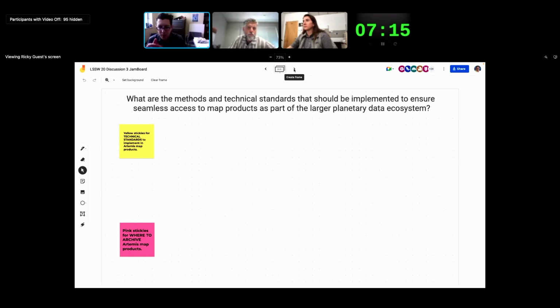What are the methods and technical standards that should be implemented to ensure seamless access to map products as part of a larger planetary data ecosystem? The two stickies are technical standards, and pink stickies are where to archive Artemis map products.